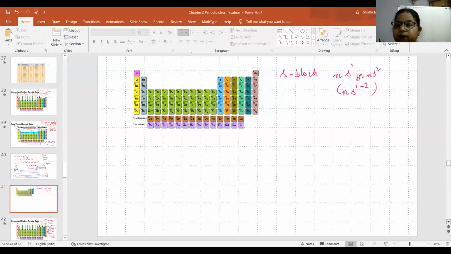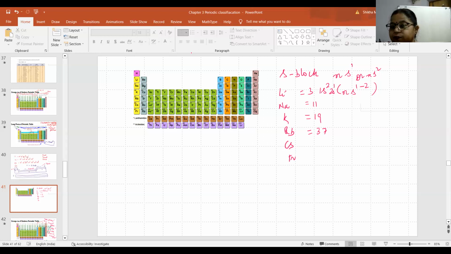If you look at the configuration, you can do this on your own. Lithium, sodium, potassium, rubidium, cesium, francium. Atomic number 3, 11, 19, and then I believe it's 37. If you write the configuration, what happens? 1s2, 2s1.